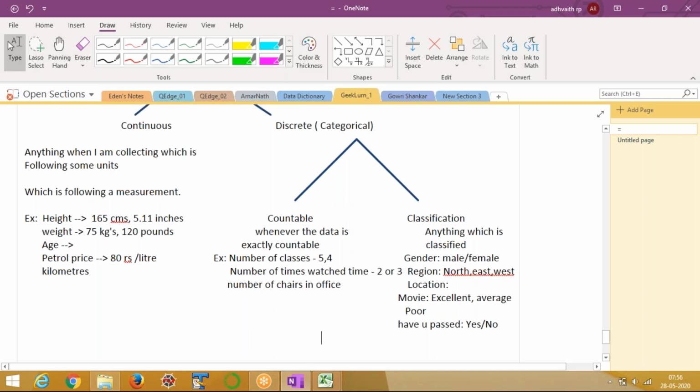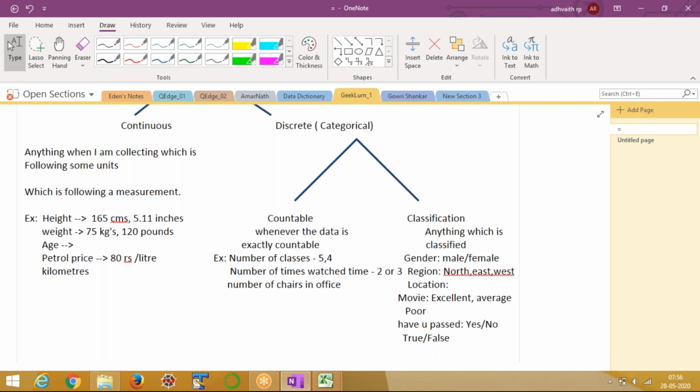If I ask, are you male? You will say either true or false, depending upon the gender. Did you get the job? Yes or no? Did you pass the exam? Are you diabetic? True, false.